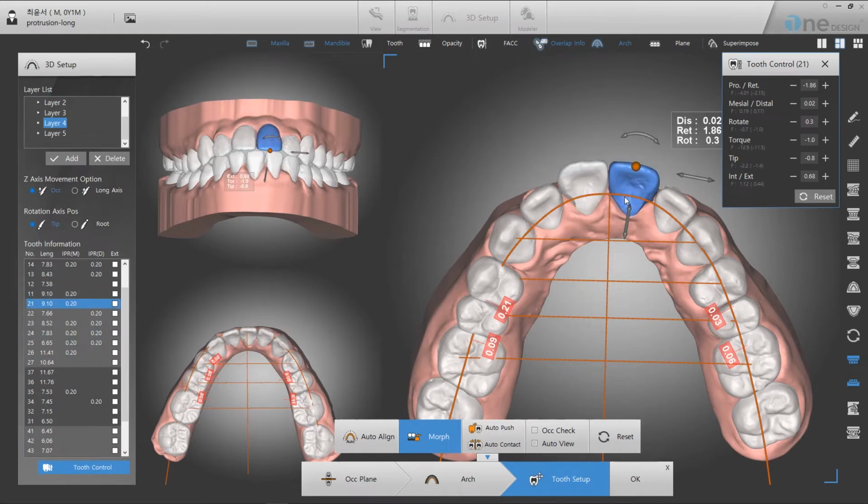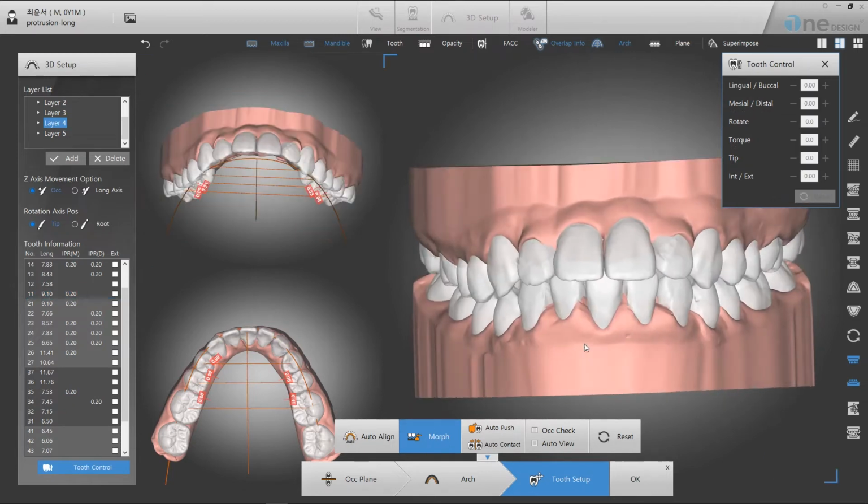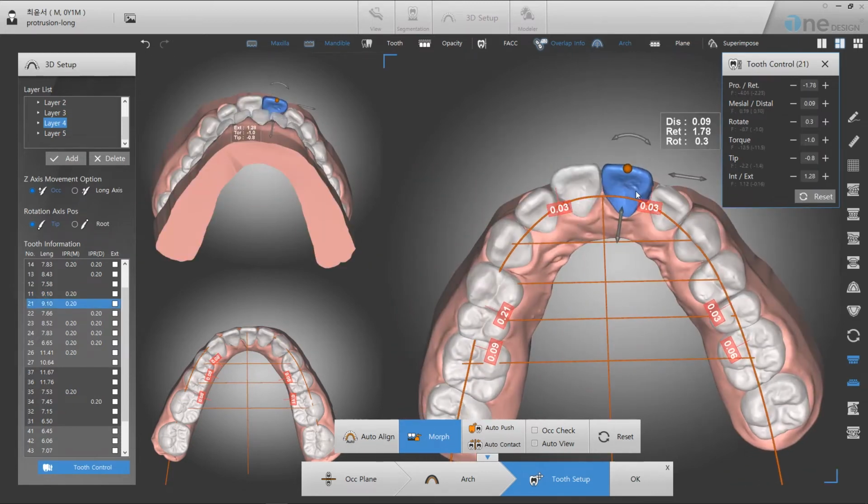The maxillary is retracted mainly on the central incisors, while paying attention to the occlusal interference.